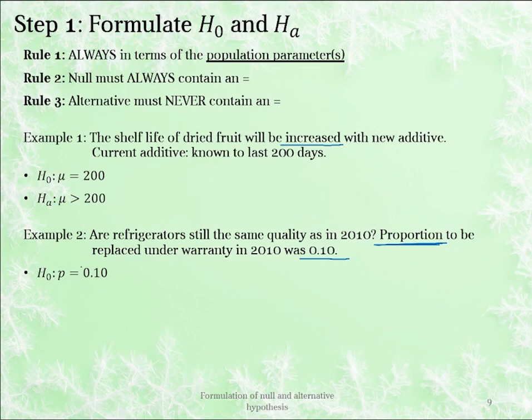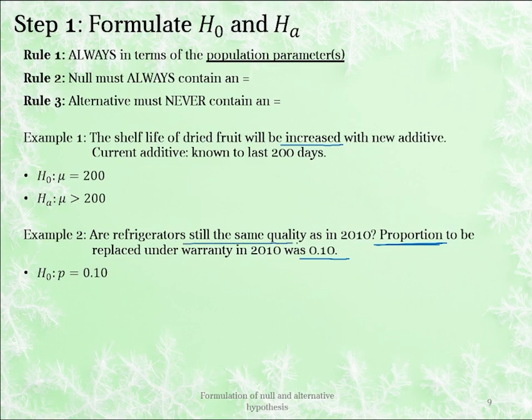We don't write it as a percentage. We always write it as 0 point something when we do a hypothesis test, never as a percentage, because a percentage includes units. So the alternative, we want to see, are they still the same quality?